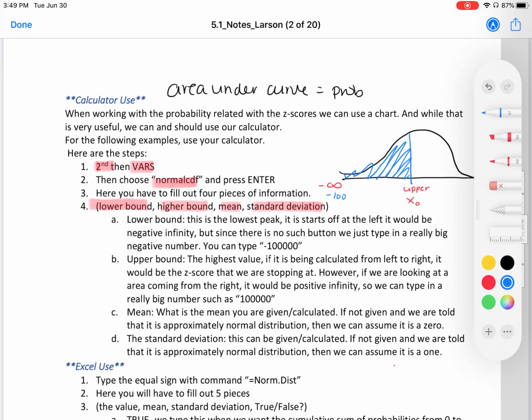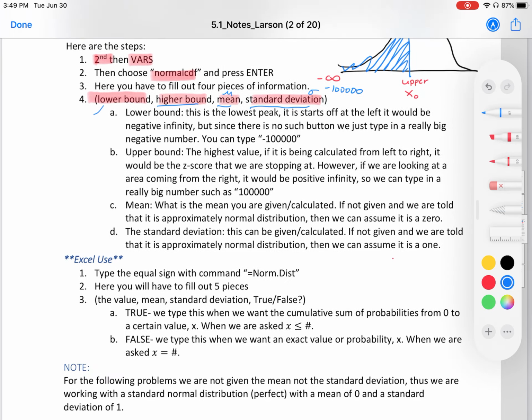So negative 10,000, negative 100,000, or negative 999,000, I don't know. A really big number. And your higher bound is wherever you want to stop. You can manipulate your lower bound and your higher bound however you like. Your mean is either given or you have to find it. Same for your standard deviation. And there are more instructions written below.